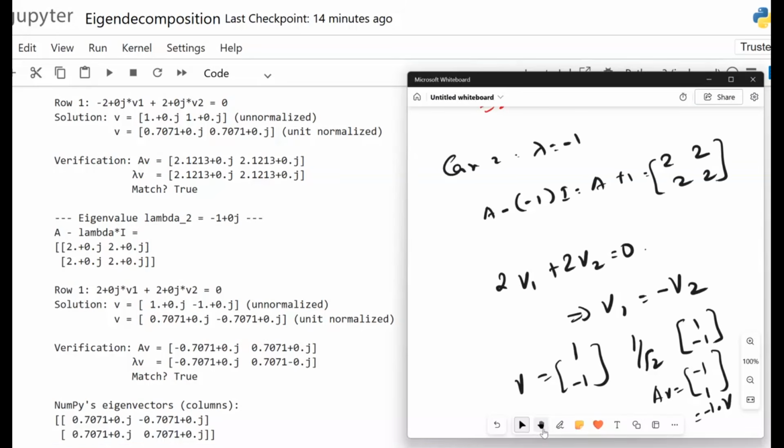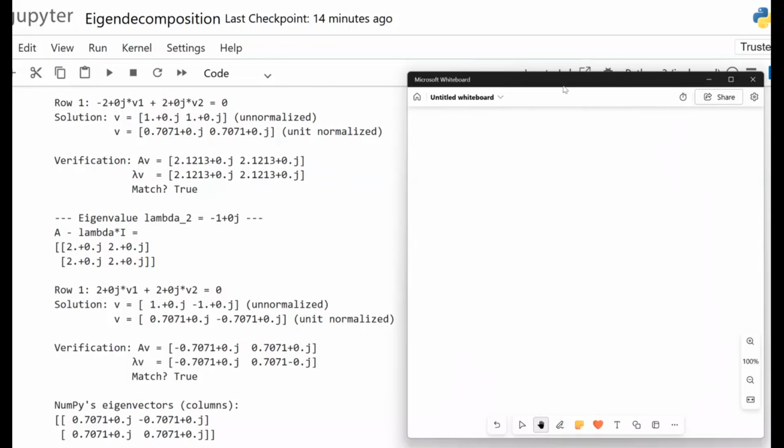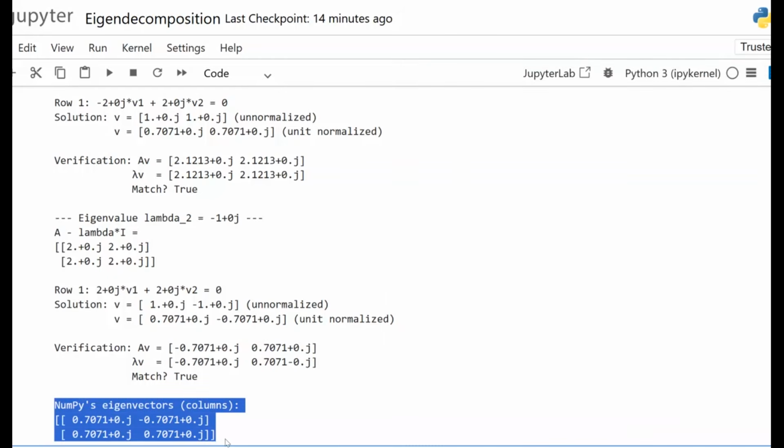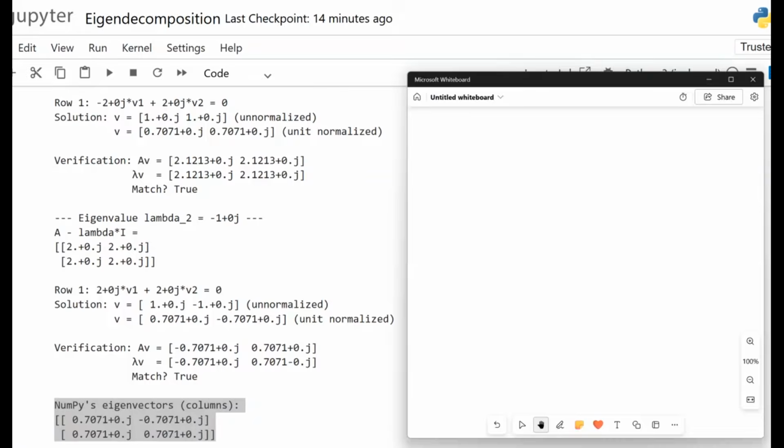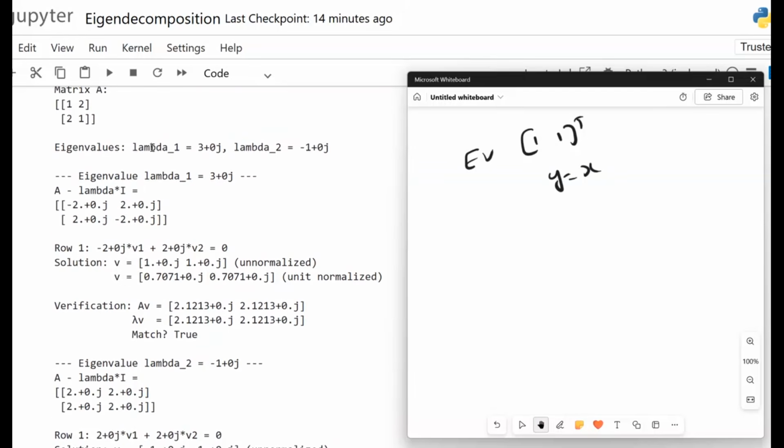And with the geometric interpretation, kindly observe, dear friends, when we go to this verification of numpy eigenvalues, with the eigenvector [1, 1] transpose, it directs along the line y equal to x, and it is stretched by a factor of 3. So that is the first lambda which we have observed.